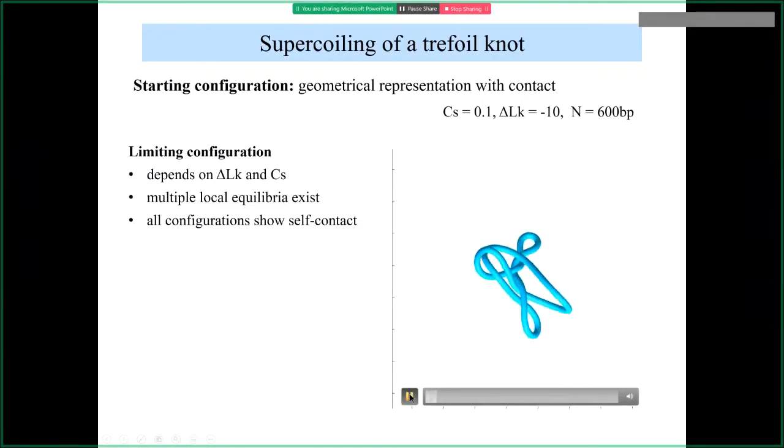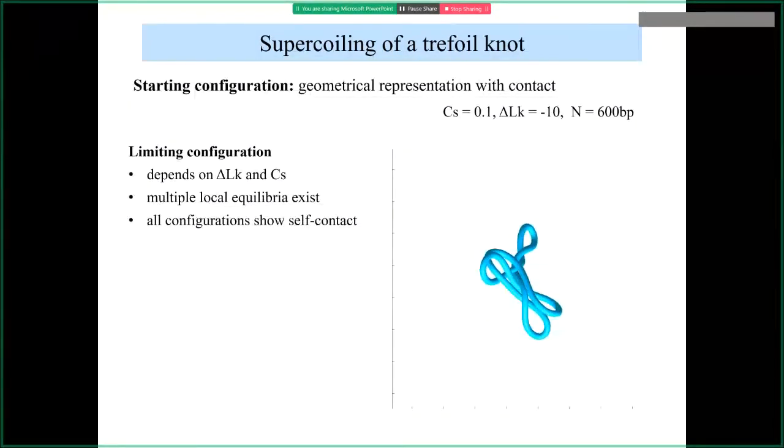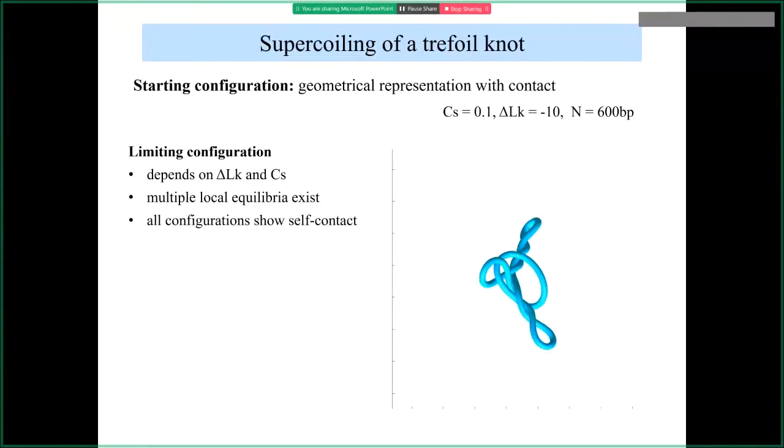It's ongoing research, but some things we noticed so far is that the limiting configuration depends on the imposed linking number and ionic strength. We again find multiple local equilibria, especially for the high ionic strength.